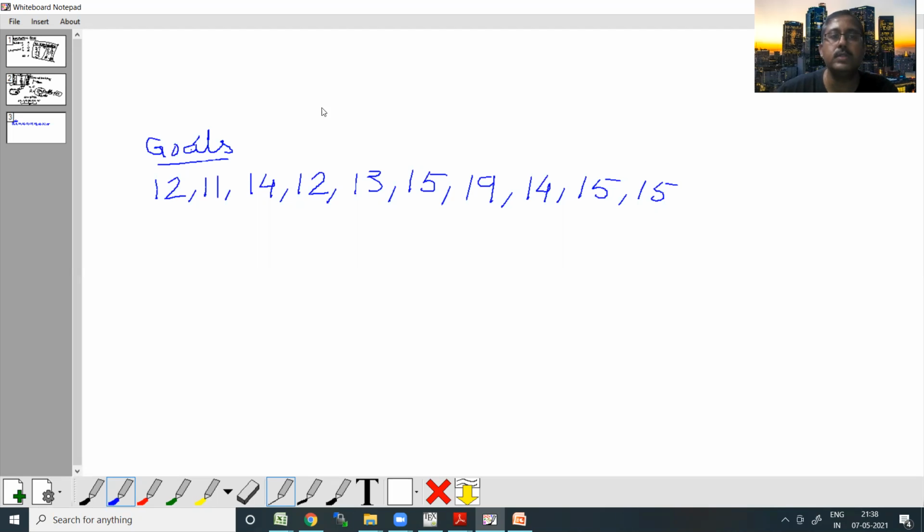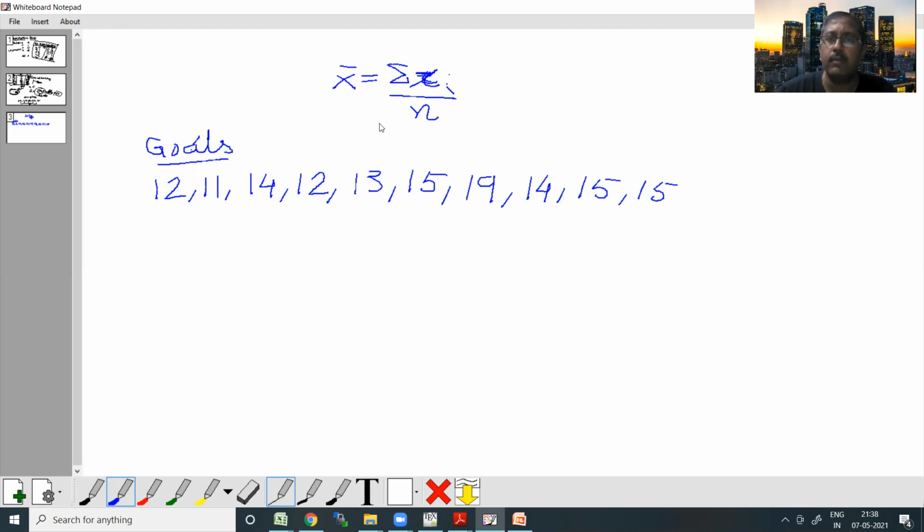One is simply by using the arithmetic mean. How can we do that? Simply, as we have seen, summation of xi divided by the total number of observations, that is n.